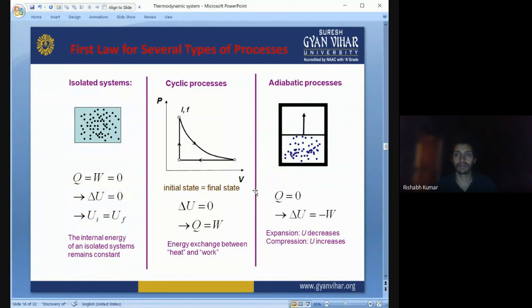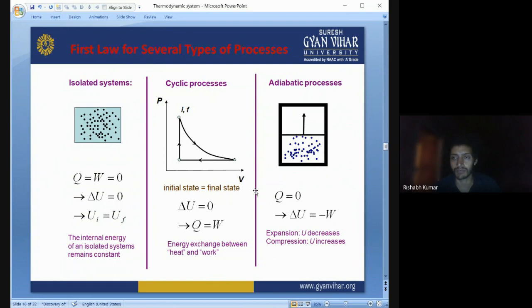In the case of cyclic processes, what happens in a cyclic process? Your initial state and final state are going to be the same, right? So your internal energy is going to be the same.